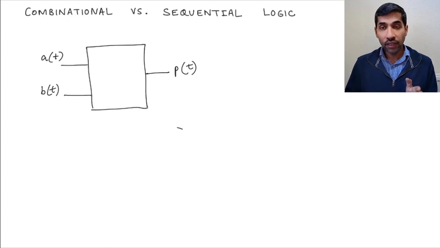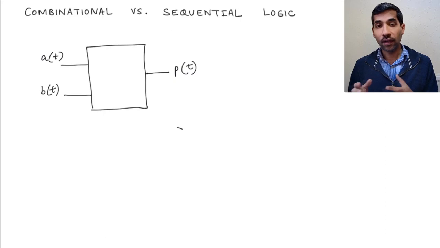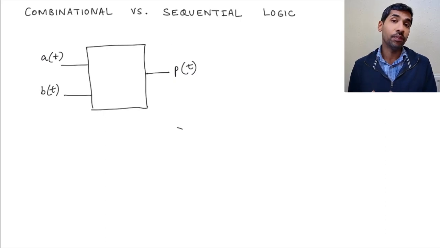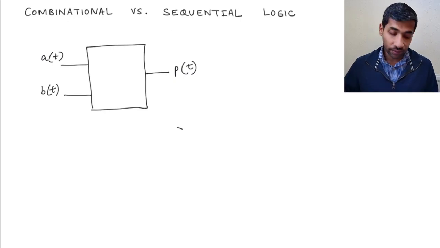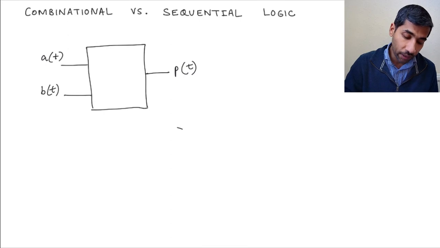So whatever the present A and B are, that would affect P. You cannot have the previous values of A and B affecting P because you do not have a memory in this circuit. So this kind of circuit is a combinational circuit.